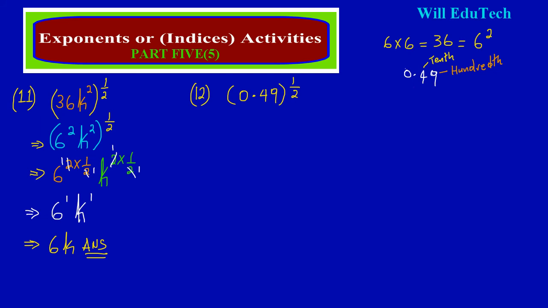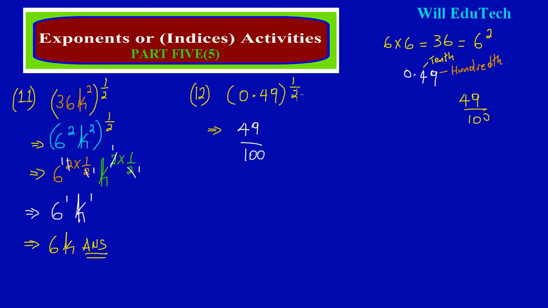Since the last digit to my extreme right is in the 100th column, I'm going to write this as 49 upon 100. So the first thing to do is to convert this to a fraction. So this is the same as 49 all over 100.